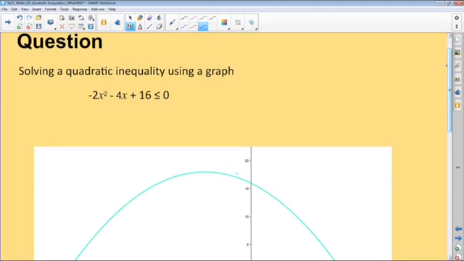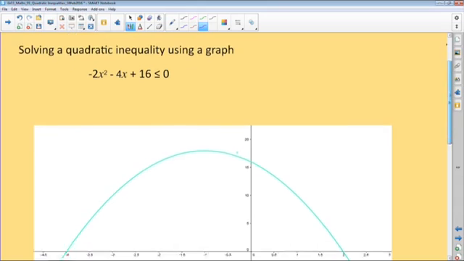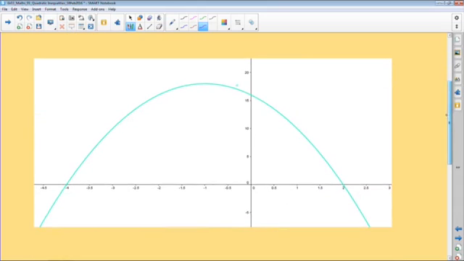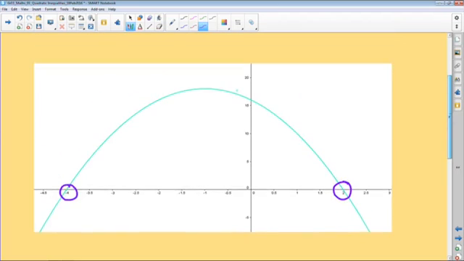Now, I suggested you work with the positive graphs, but those of you who worked it straight away, the graph that you are going to get looks like this, with your x-intercepts at minus 4 and 2, and we are concentrating on the x values.